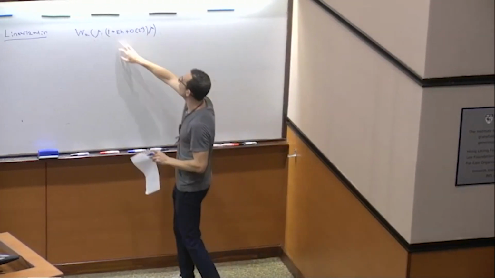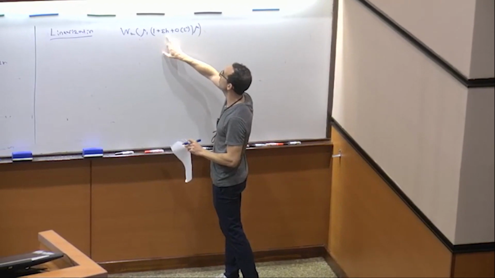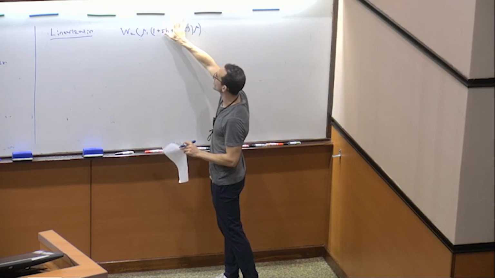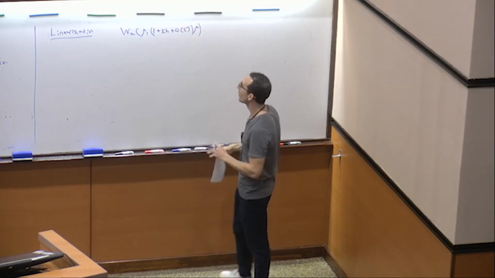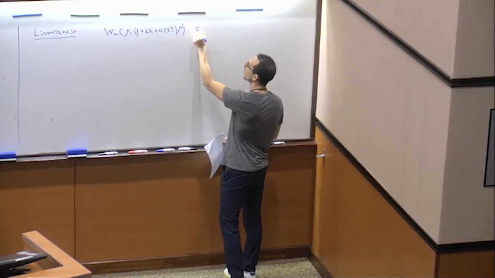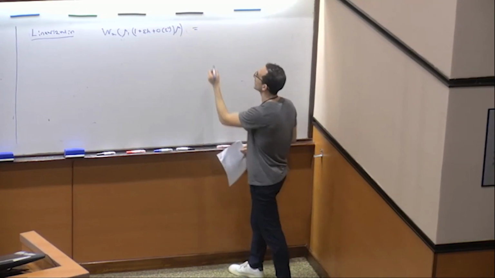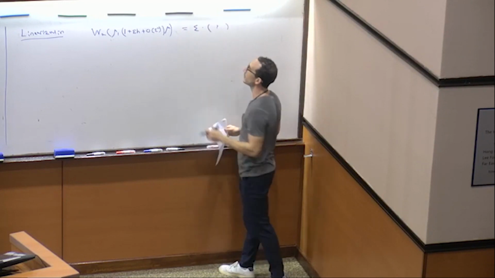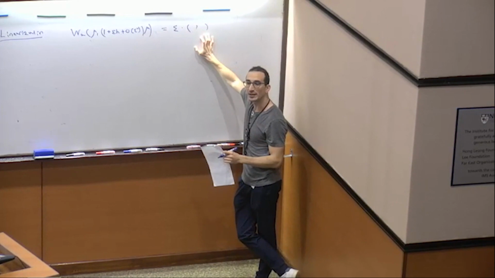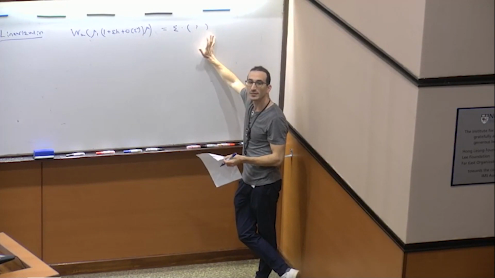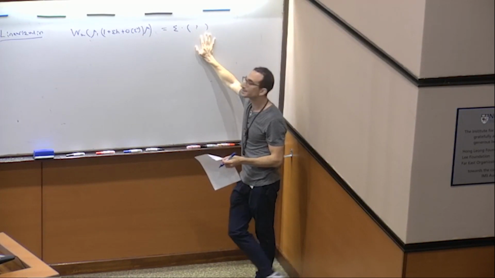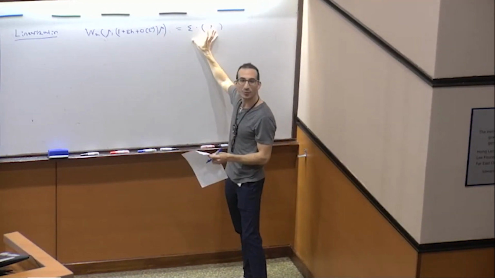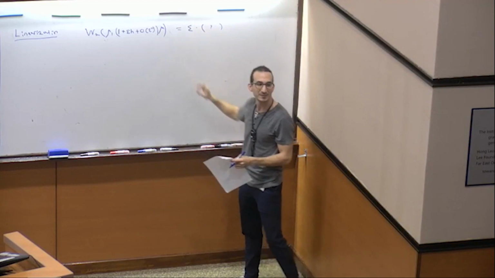So what's written here is 1 plus epsilon h for some function h plus O of epsilon squared. Without the perturbation this would just be 0, but now we have some perturbation. So what we would like to understand is we want to express that as epsilon times some quantity which presumably should depend on h somehow. The question is what is this quantity that will depend on h?